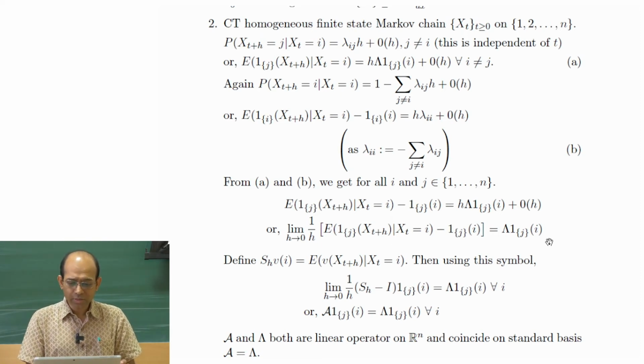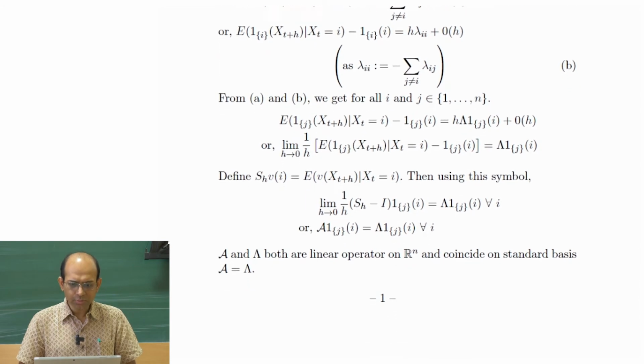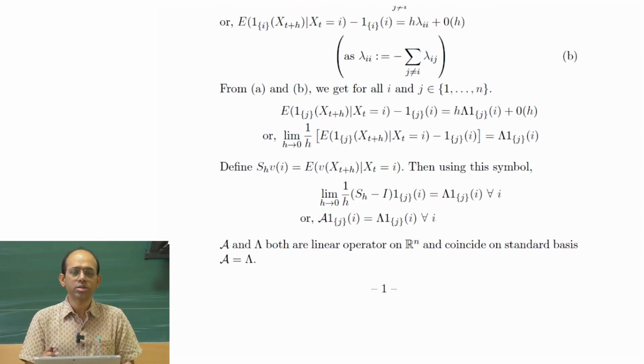Now this calculation we retain, and then we define the semigroup operator. Although in the description we denoted the semigroup operator as capital T of t, here for some reason I have written capital S, but it is the same thing.